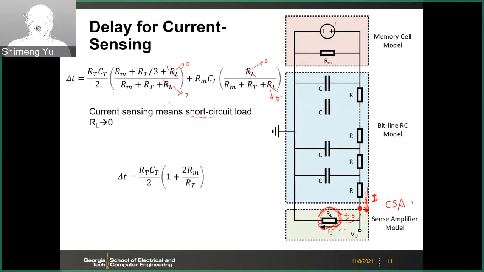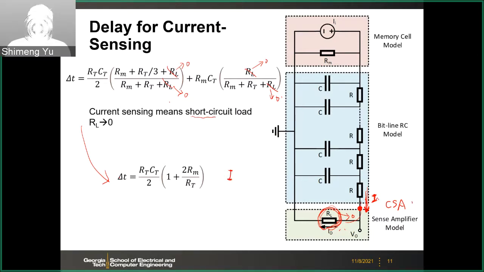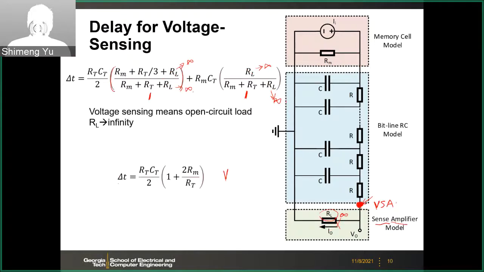Eventually you will get this equation. This is for the current sensing. The delta T is the delay of the current propagating from here to here. So you have those two equations.